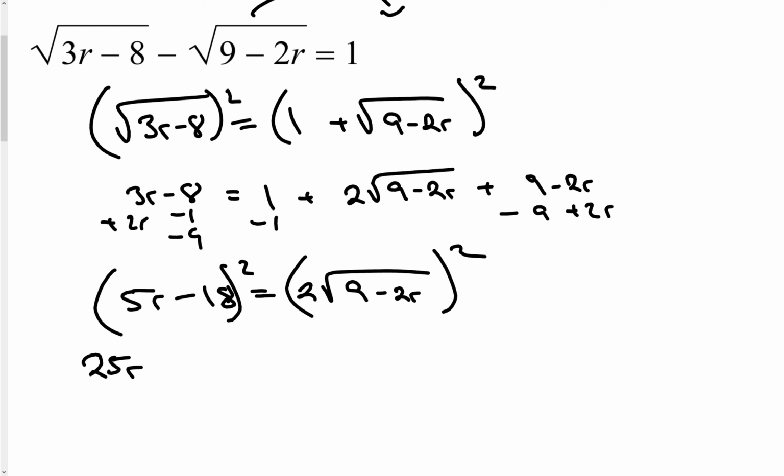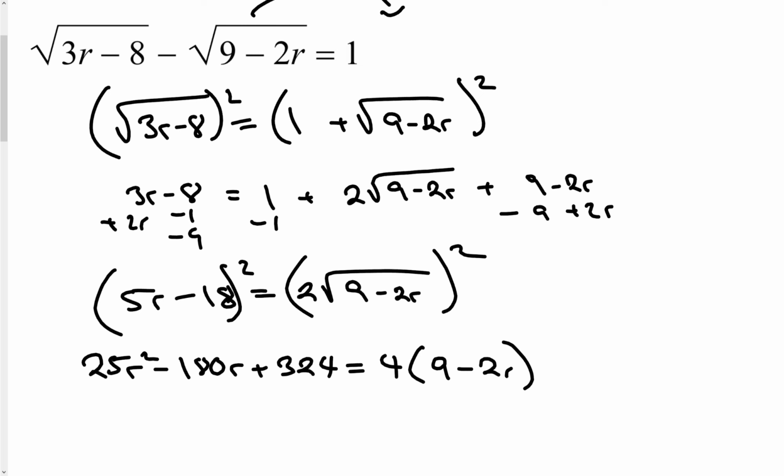25r squared. 18 times 5 times 2 gives me minus 180r, plus 18 squared is 324. And that's going to be equal to 4 times 9 minus 2r.